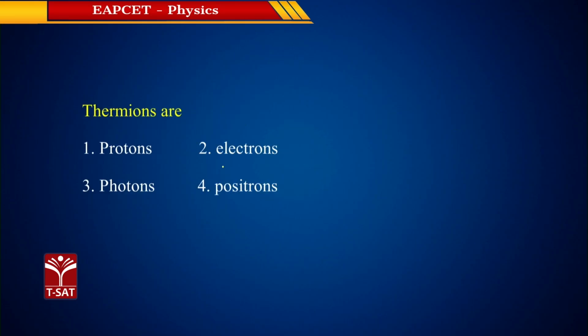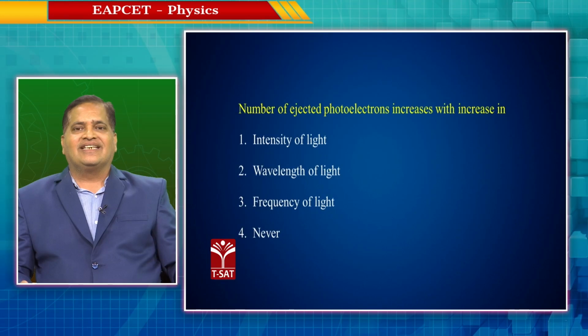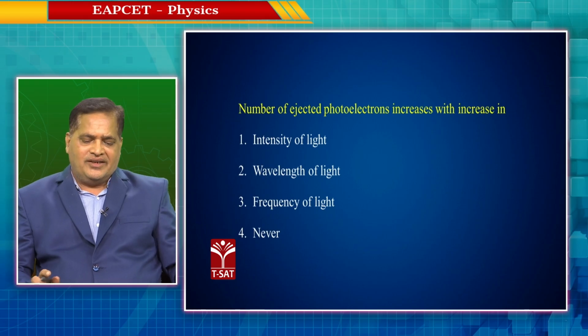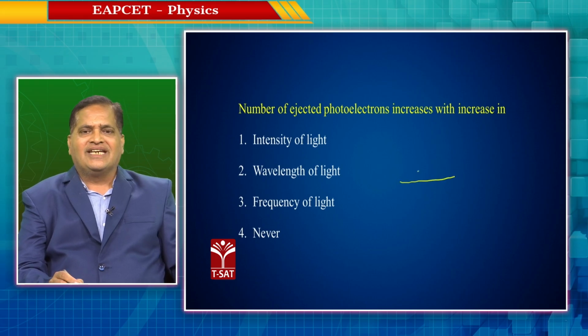Thermions are protons, electrons, photons, positrons? Here thermions are nothing but electrons. Next: the number of ejected photoelectrons increases with increase in... you know sodium, lithium, potassium, certain alkali metals you can take.